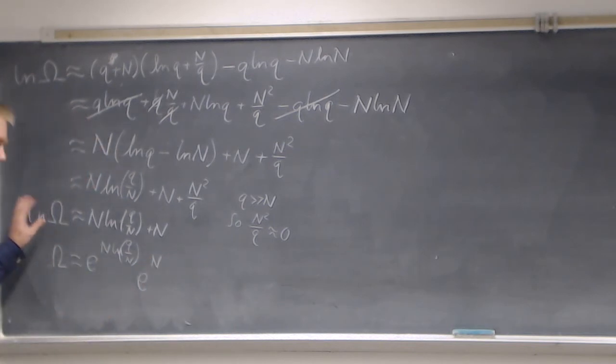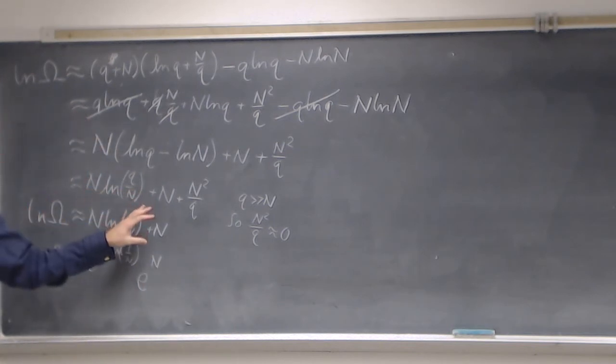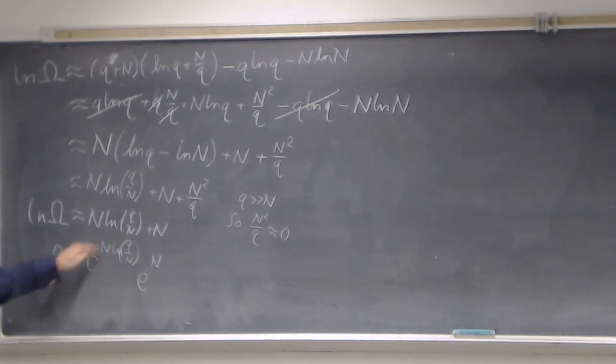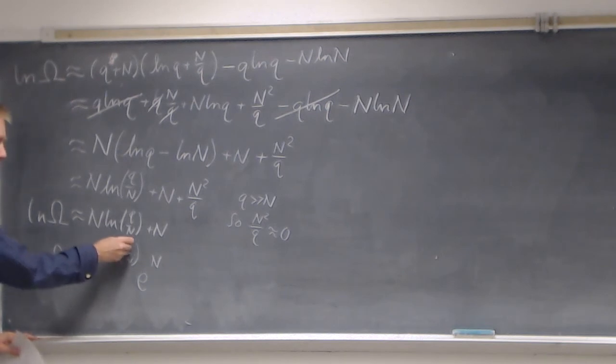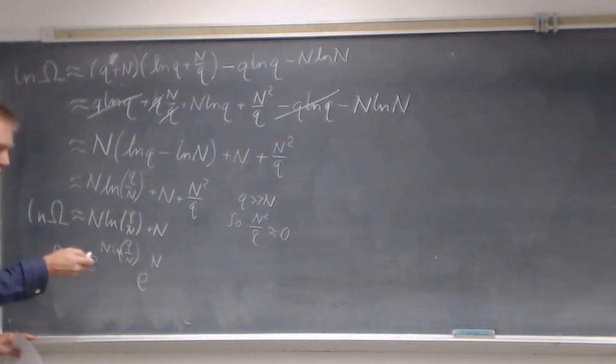Remember, if I exponentiate two terms added together, it's equal to the product of e to that first term times e to the second term. So I've got two terms here, two exponentials. N log of q over n is equal to log of q over n raised to the nth power.